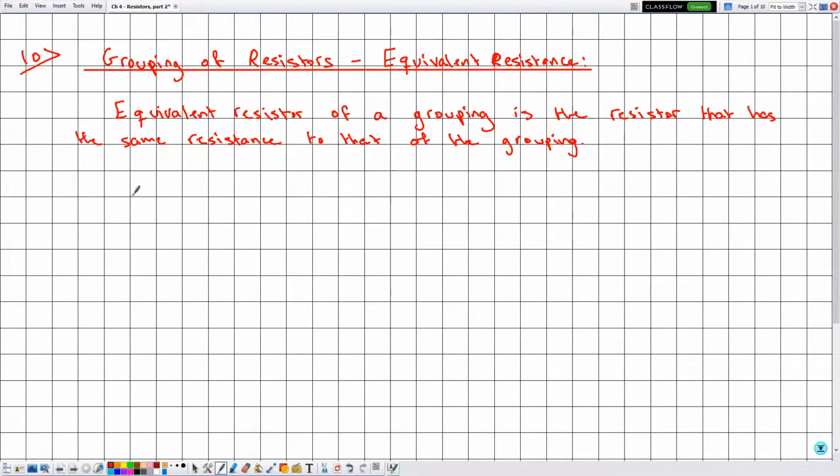So let me also say that another definition or notion of equivalent resistance is the following. Let me say it another way around.